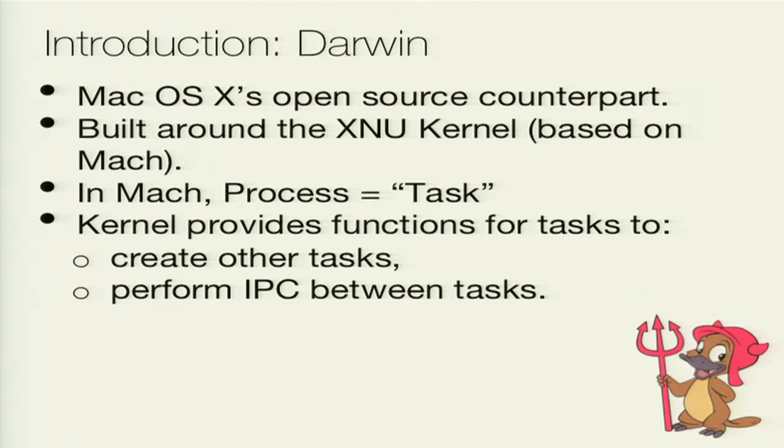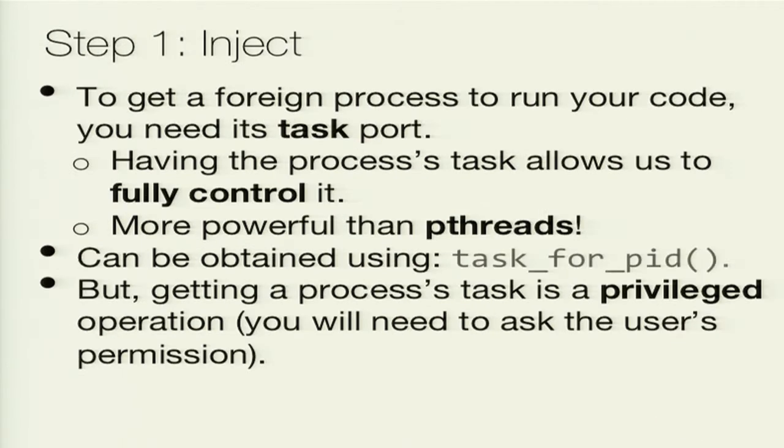So in Mach, a process is essentially a task. And why is this important? Well, because the kernel lets you do typical things like make other tasks or do inter-process communication between tasks. But you get to do a whole lot more. The process API, as you know it, is usually fairly simple, right? How do I do IPC? How do I stop a process?